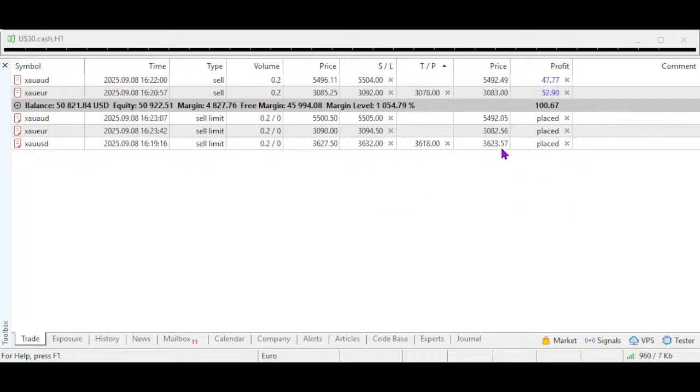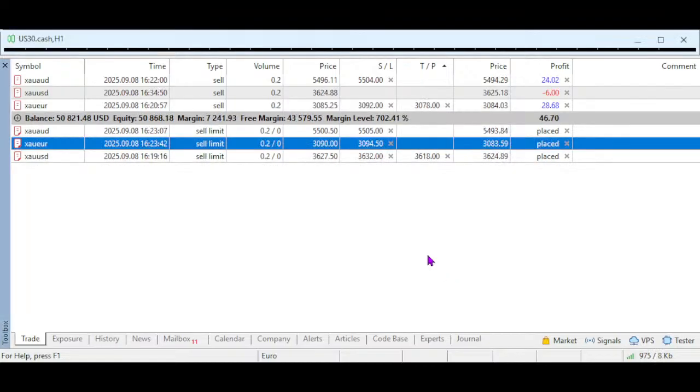We'll try to sell at 24 half, or even 24. I think right now it's 24. We'll hit the market. Okay, we hit the market. So now we have to put in a stop and a TP.